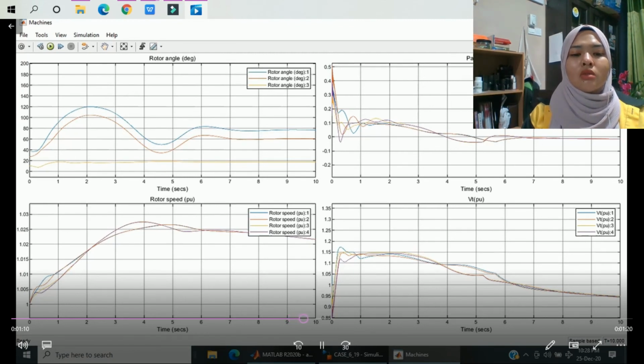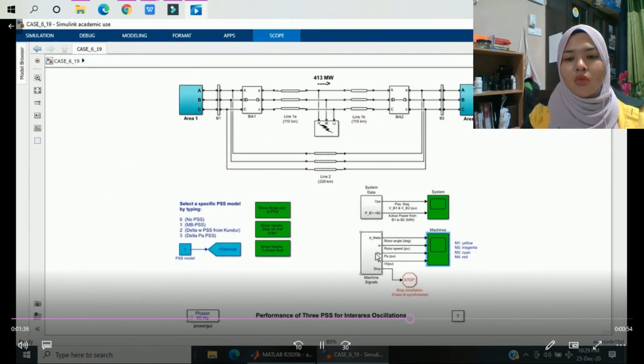For rotor speed, there is an increase at the beginning, and then it started to stabilize. At the PU graph, it is unstable at first, then started to stabilize at 2 seconds and stays stable until the end. For the voltage, there is a rise at first, and then it drops slowly.